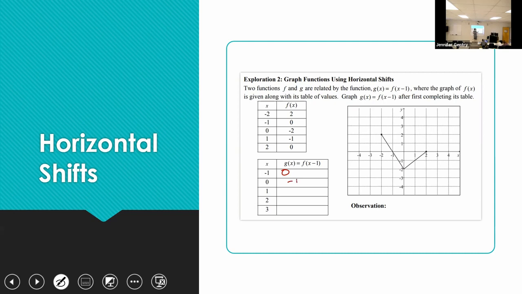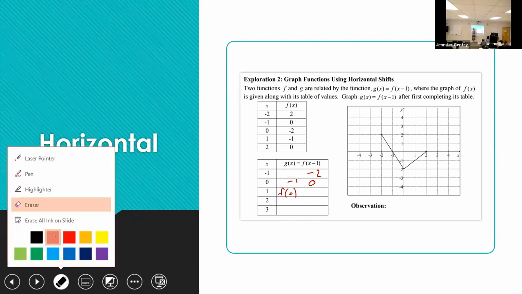If I come up here, that means it's at 0. Ooh, we messed that one up. Sorry, this first line is f of minus 2, which is going to be 2.